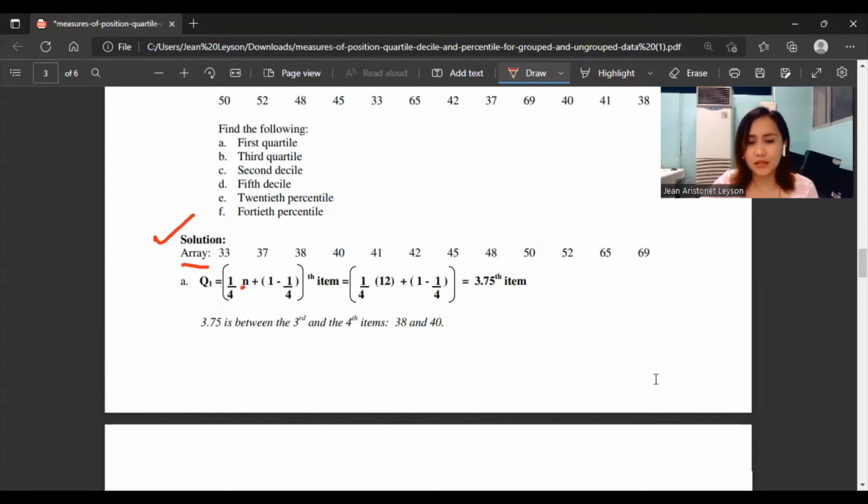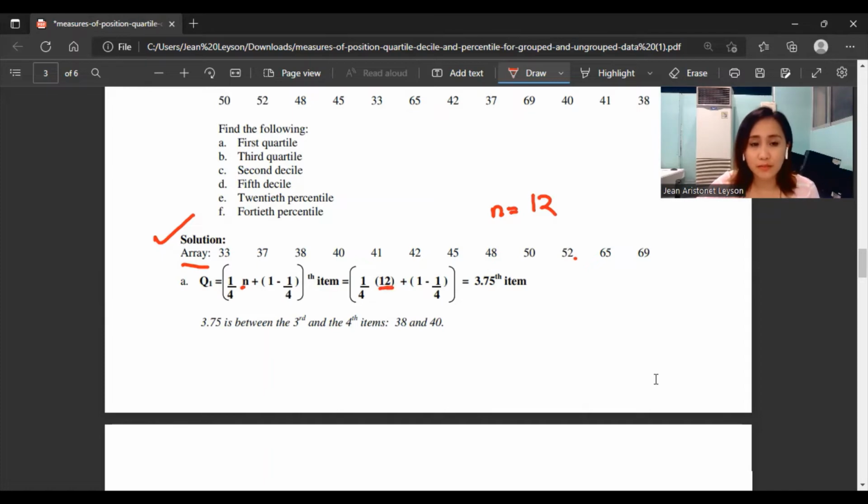So n is the total number of data. So how many? 1, 2, 3, 4, 5, 6, 7, 8, 9. We have 12. Sorry. So we have 12. So that is our n.